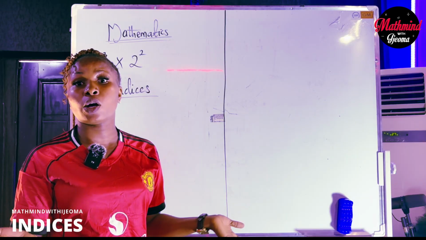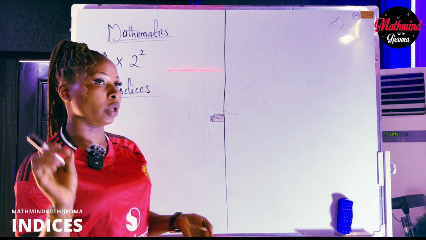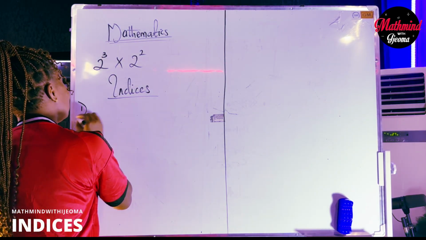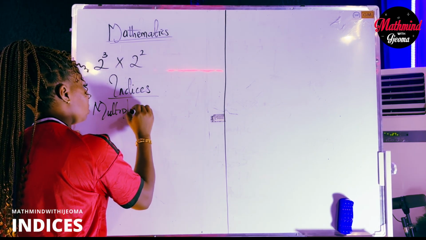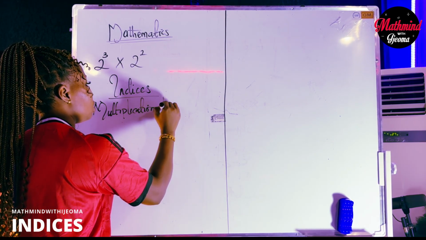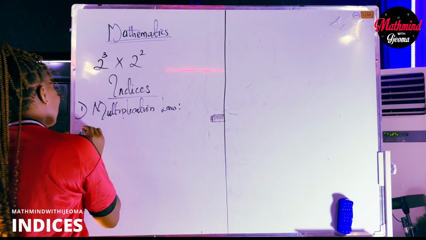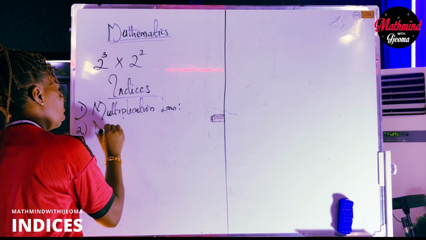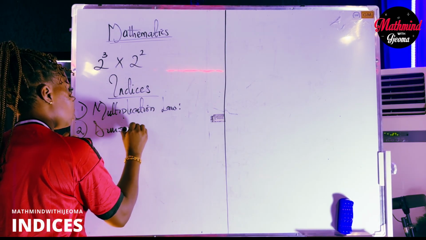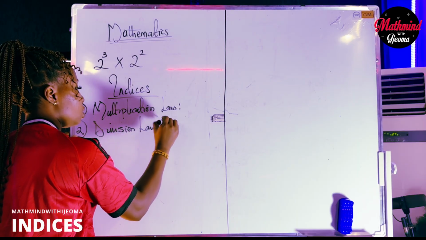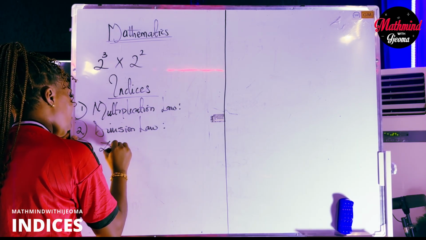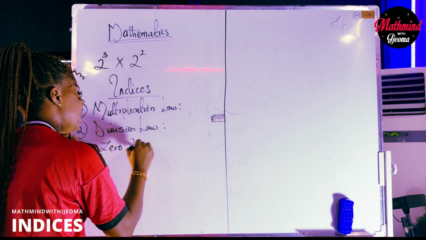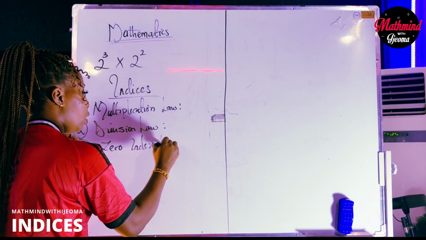And we have 6 basic laws of indices. The first is the multiplication law. The second is the division law. The third is the zero index law.